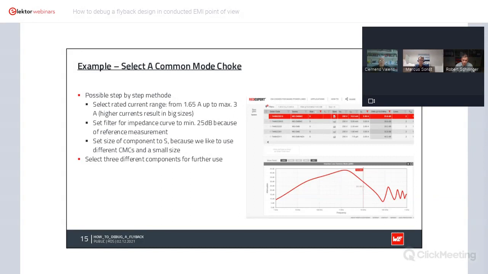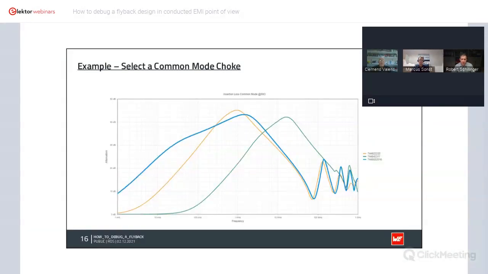Now I will show you 3 parts of the 5 which are in principle selectable. We have the blue one, that's a nanocrystalline material. We have the yellow one, that's a manganese zinc component.